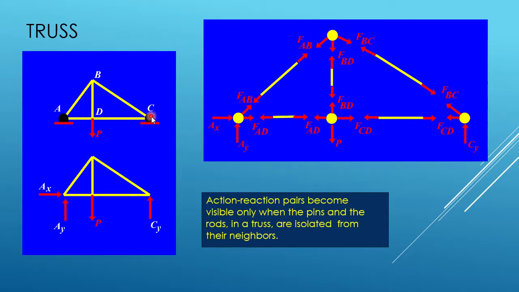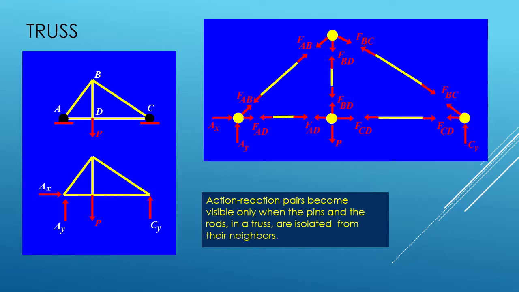This roller at C is applying an upward force CY on the truss. If we separate all the pins and the rods, then we expose the internal action-reaction forces.